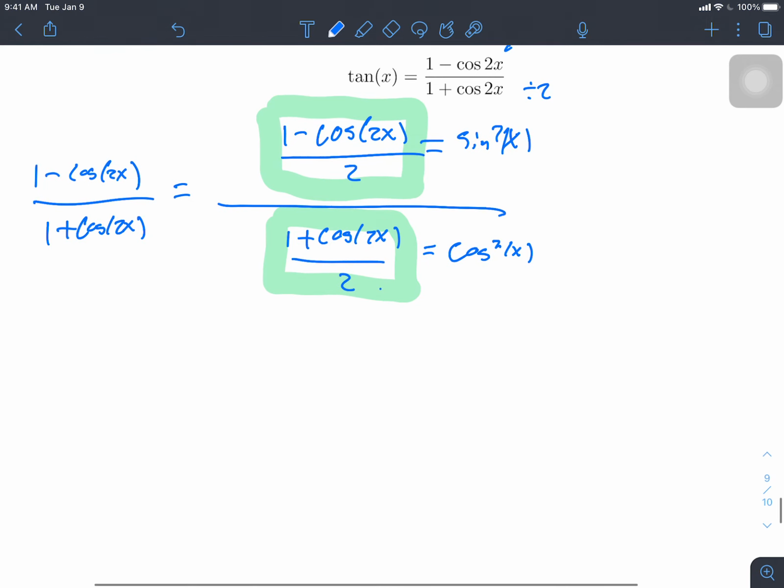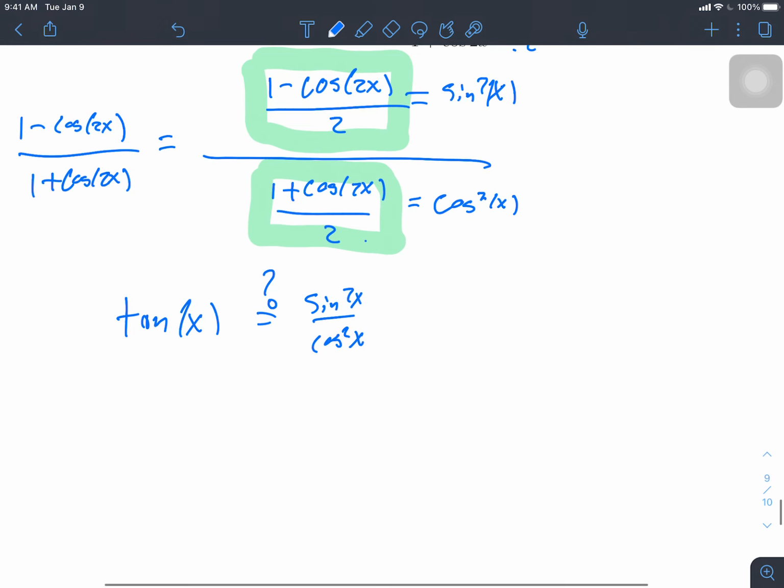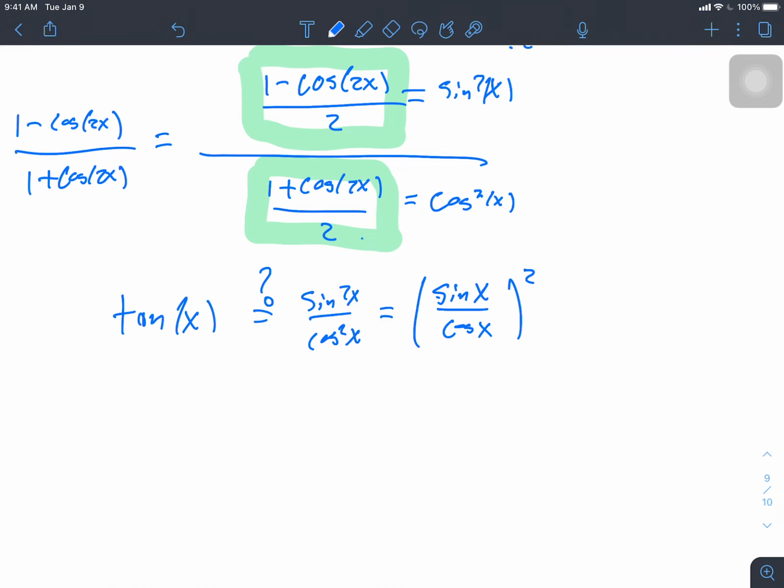So in the end, we're trying to check, is tangent of x equal to sine squared of x divided by cosine squared of x? And well, we could rewrite this as sine of x divided by cosine of x, quantity squared.